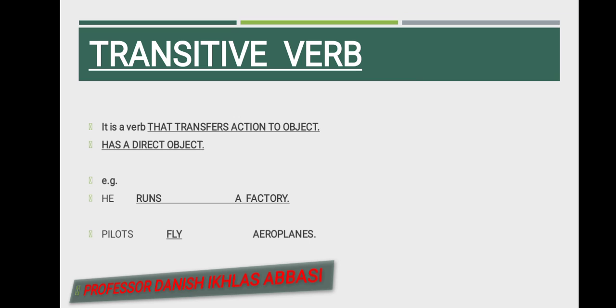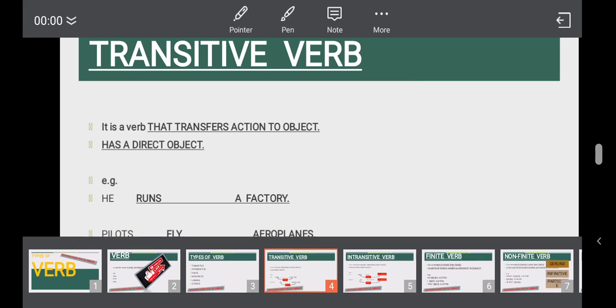Now here comes a trick: how do we know that a verb has a direct object or not. To know that a verb has a direct object, we put a question to the verb, and the question is what.